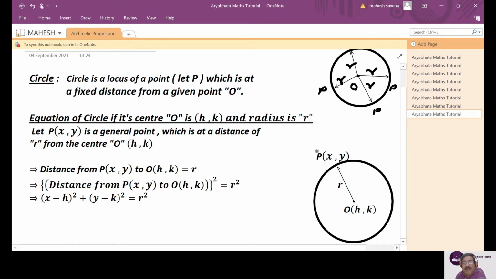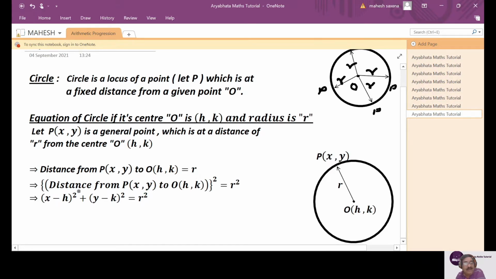Now let P, whose coordinate is (x, y), be a general point on a circle with center O, whose coordinate is (h, k), and the radius is r. Therefore, the distance between P and O will be r.